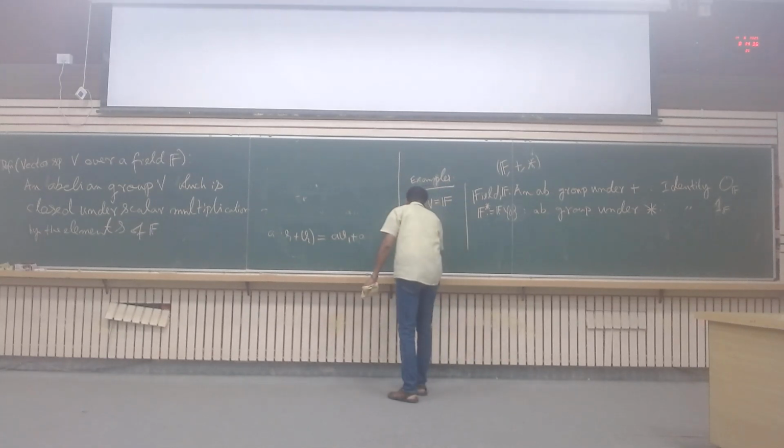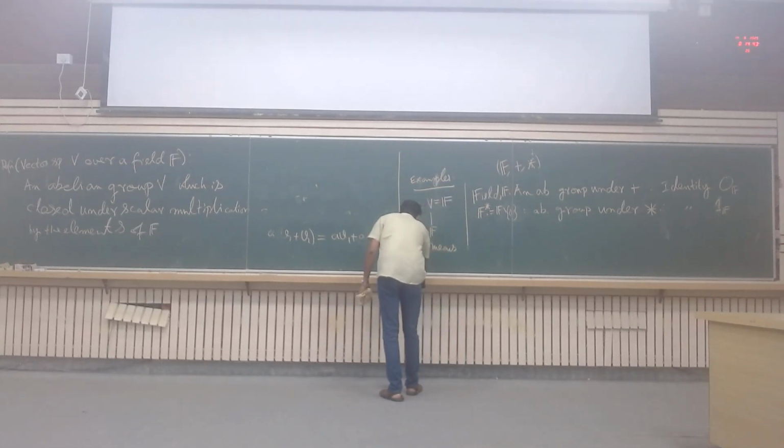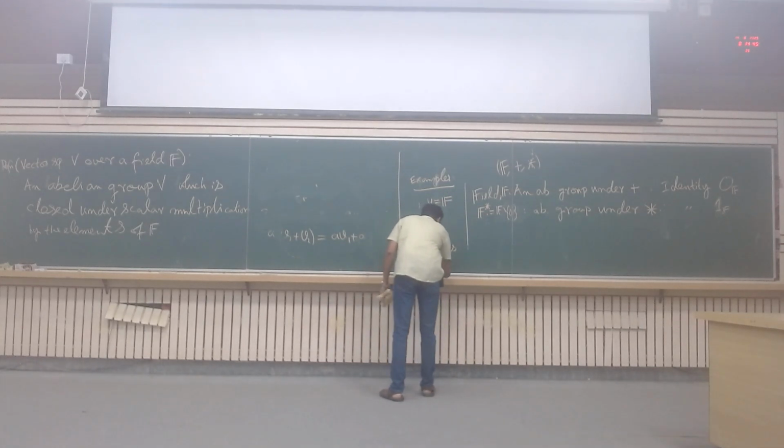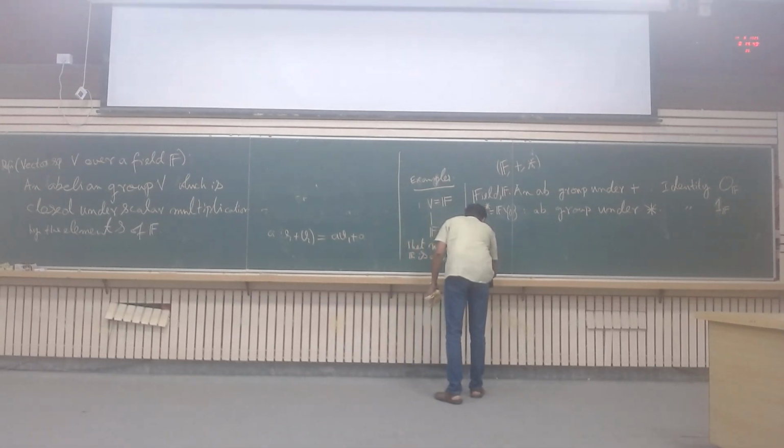So in particular, that means R is a vector space over itself. That is over R. Okay.